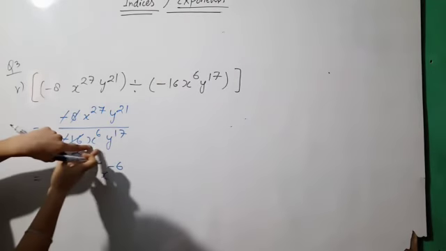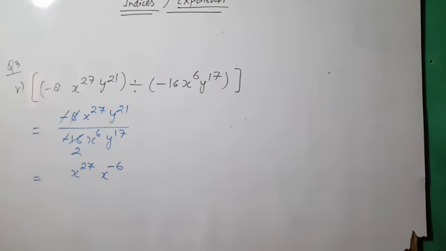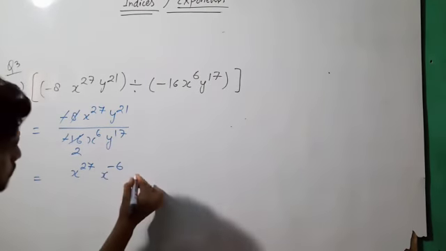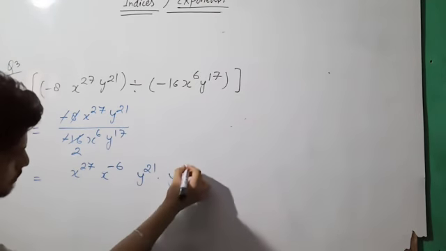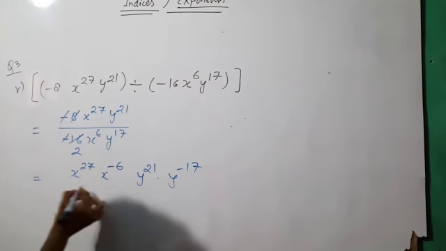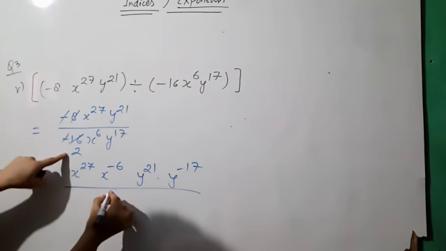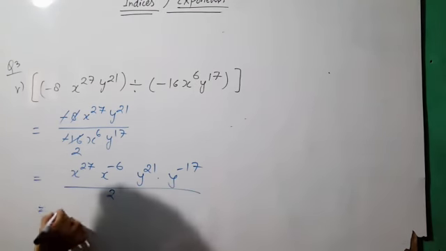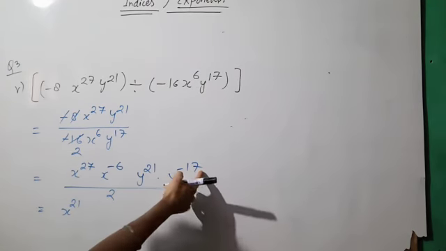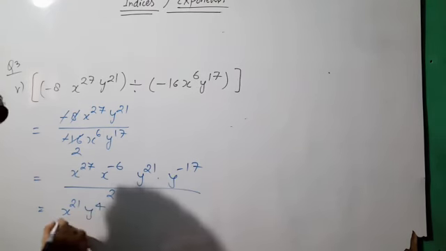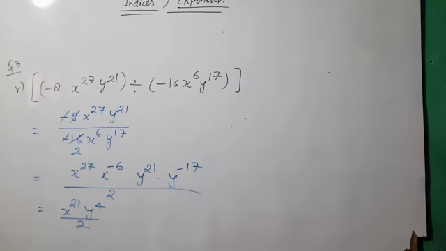The denominator we just move to the numerator with a minus. Now we have y to the power 21 multiplied with y to the power minus 17, upon 2, because 2 stays in the denominator. So x to the power 27 minus 6, x to the power 21, and y to the power 21 minus 17, that is y to the power 4, divided by 2. This will be the answer.